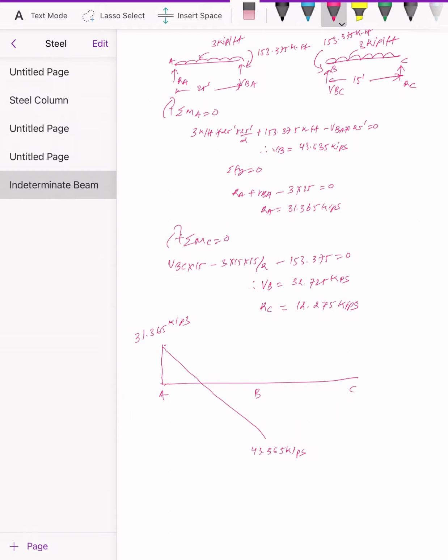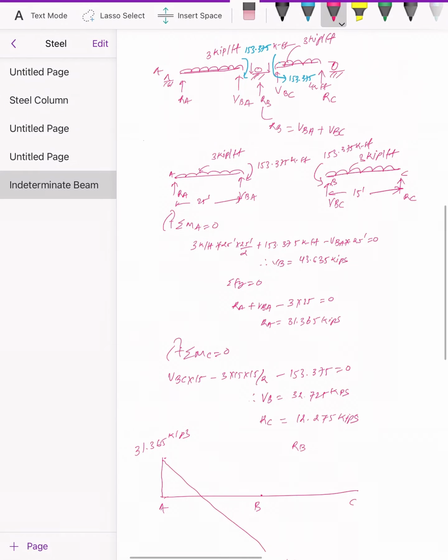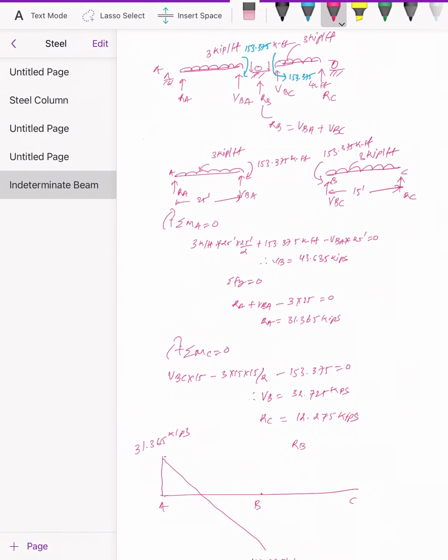And reaction at B, right? Here reaction at B is positive, it will try to push up. Hold on, our reaction at B hasn't been calculated yet. So reaction at B: look here, this is the internal shear force, this VBA is positive, going down.